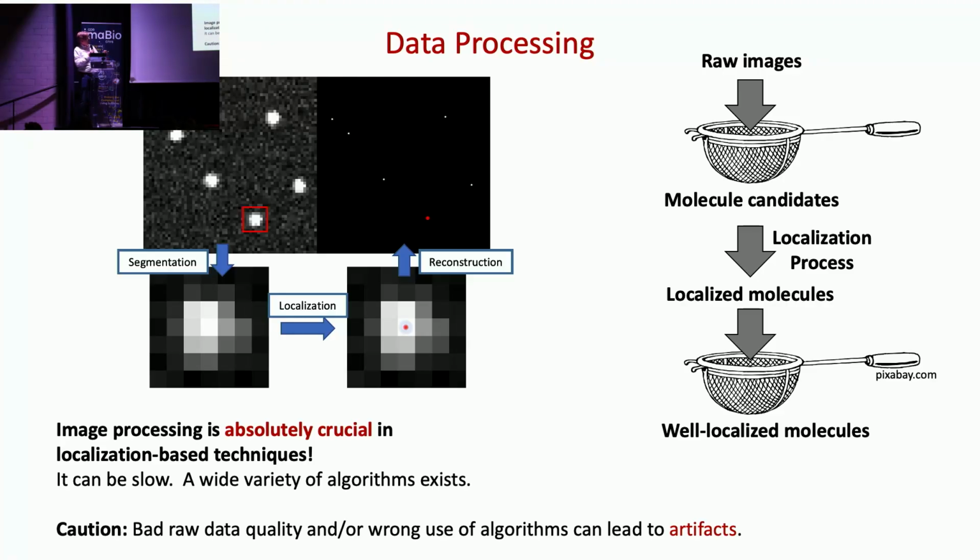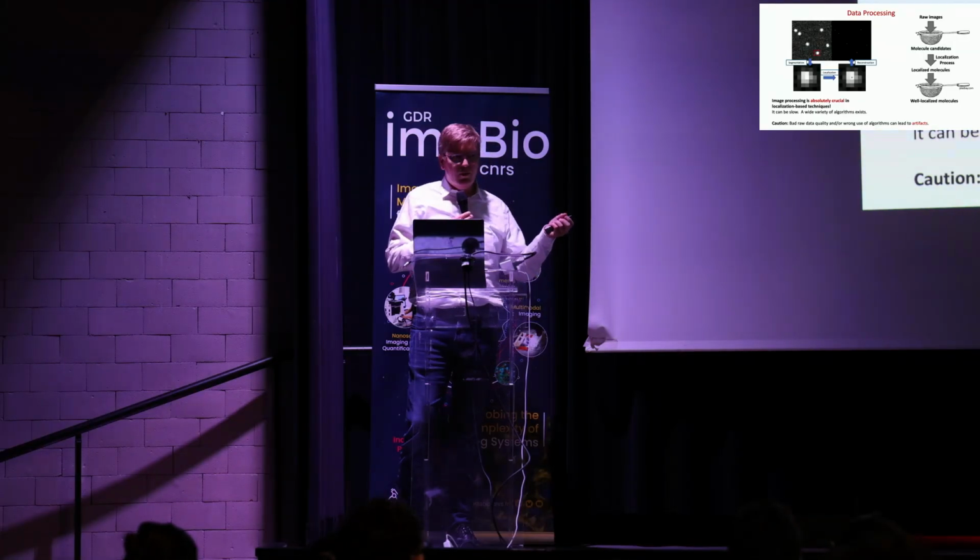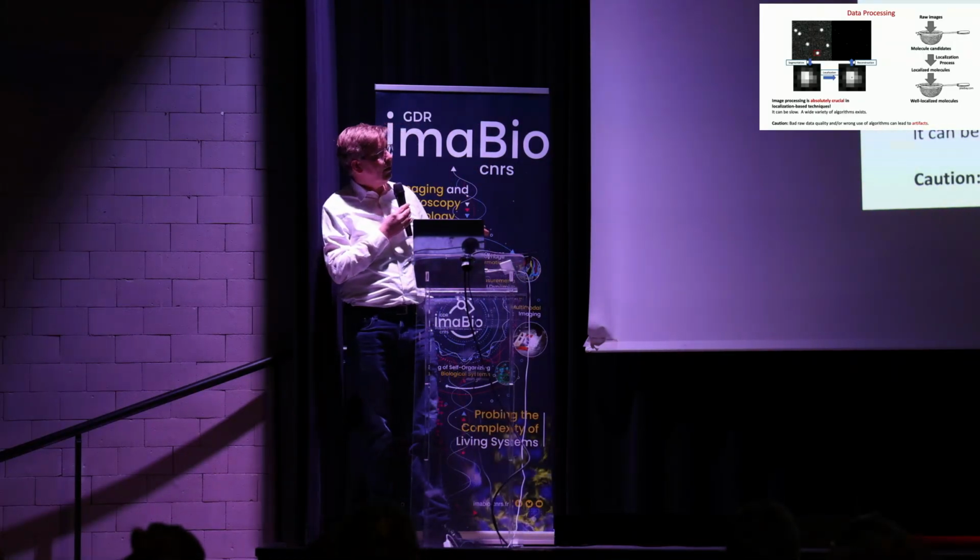And as I pointed out in the previous slide, talking about the biases, in these processes you need to have a number of filtering steps, right? For example, you need to filter out any cases where two molecules are too close together. You can already filter them out maybe early on. You might want to filter out too dim molecules, where you are concerned whether these even are fluorescent molecules blinking, or if this was some background.